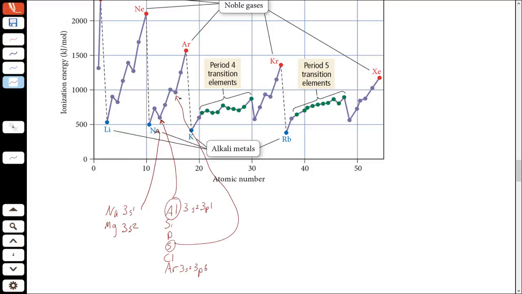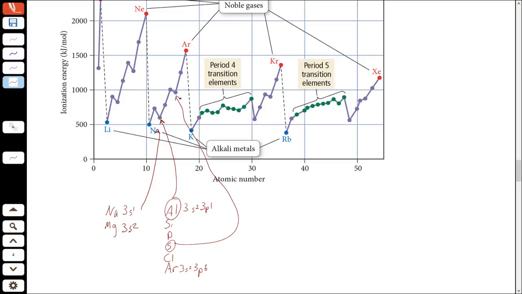So the sulfur is 3p4. 3p4 is 2 unpaired electrons and 1 pair, right? If you remove one electron from 3p4, you make 3p3. So you're going from 2 unpaired and 2 paired to 3 unpaired. We know that electrons repel each other, so we're essentially pulling that paired electron out, and this electron can relax and go, oh, finally, that guy's gone.